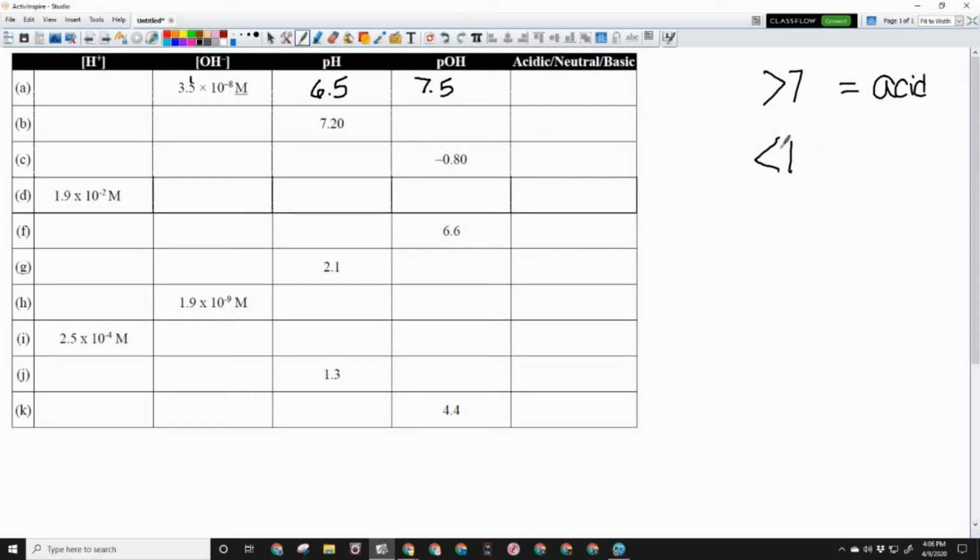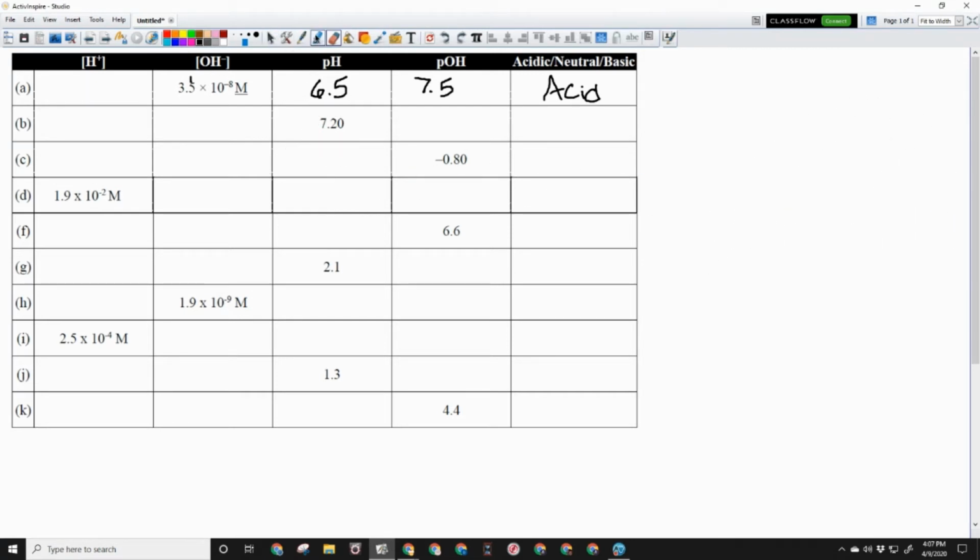Anything greater than 7 is a base. And anything equal to 7 is neutral. So 6.5 is less than 7, so this is going to be an acid. Okay? All right, so the next one.